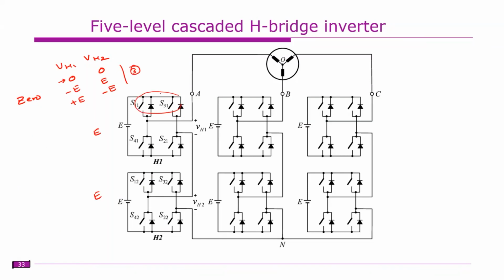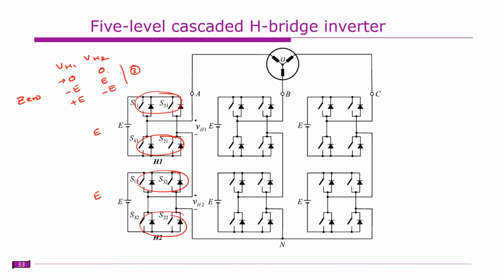And if you clearly notice, for 0 voltage you can either turn on the top 2 switches or the bottom 2 switches. Both will give 0 voltage. Similarly here also, you have the top 2 switches and the bottom 2 switches. Any of these two gives you 0 voltage.